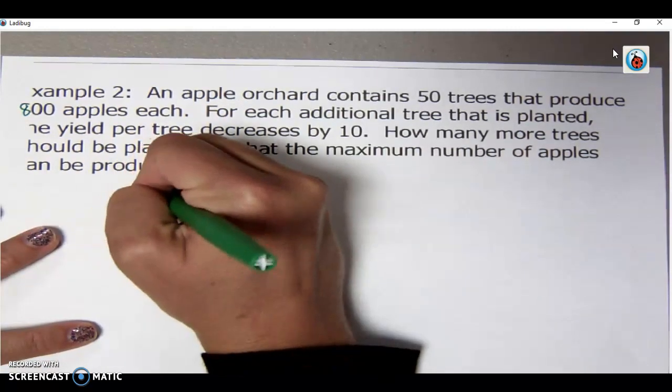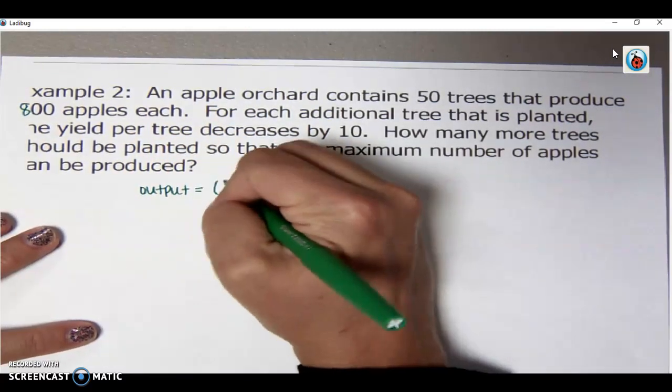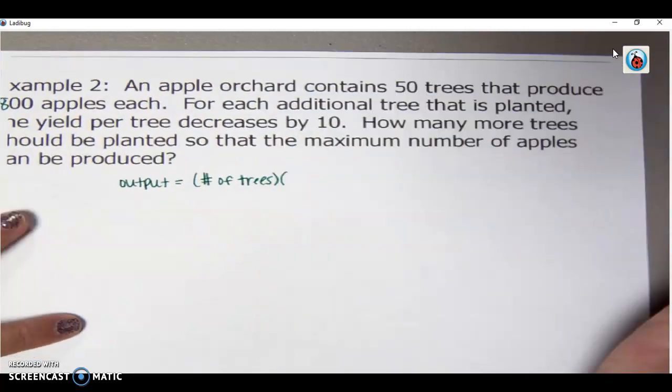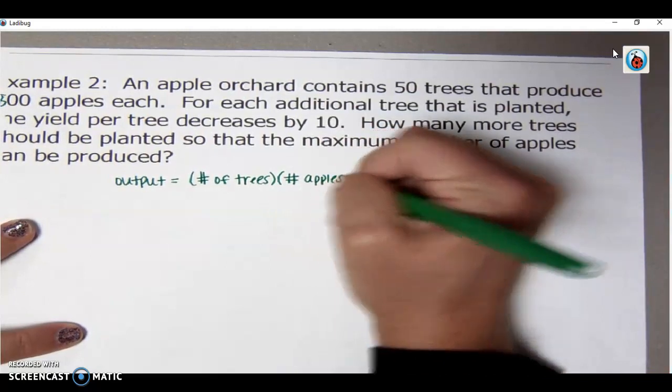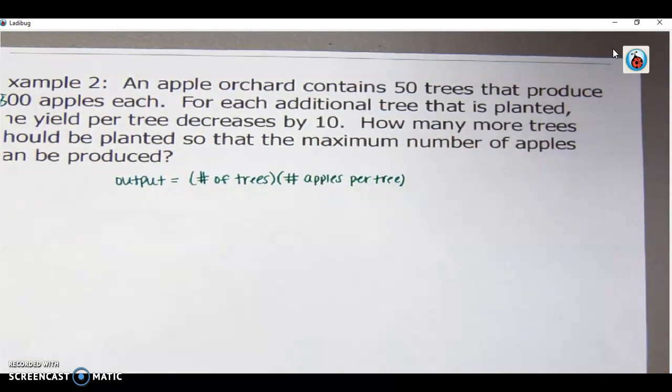So just a general equation here. For the output of apples, we have the number of trees times the number of apples per tree. That will tell you how many apples you're going to have. Okay, well, we're saying that we're adding additional trees.